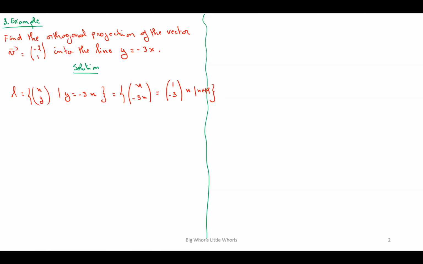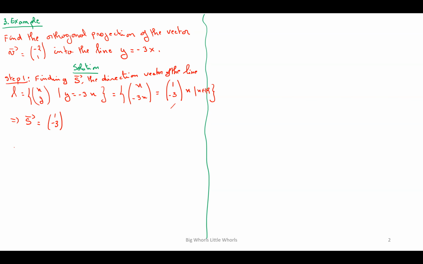So the line is spanned by this vector. That means the vector S equals (1, minus 3). That's the direction vector. So this is step 1, finding S, the direction vector of the line.